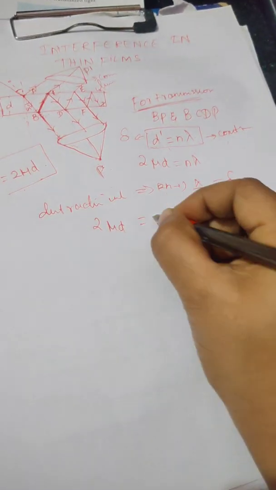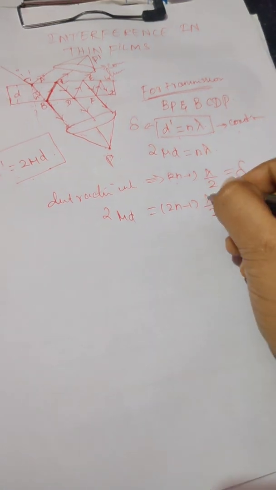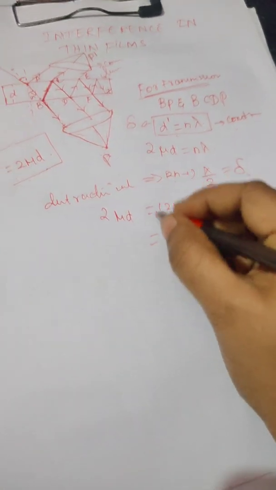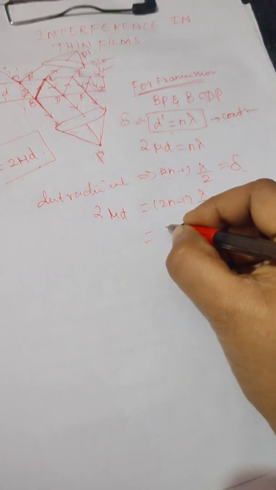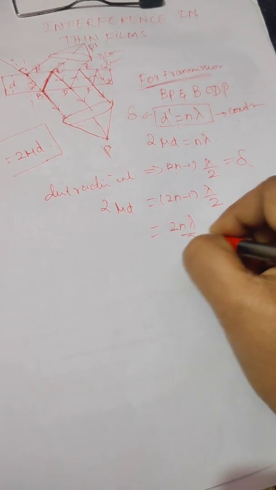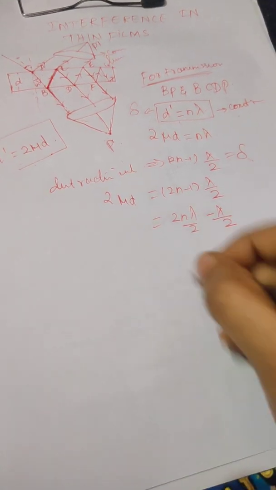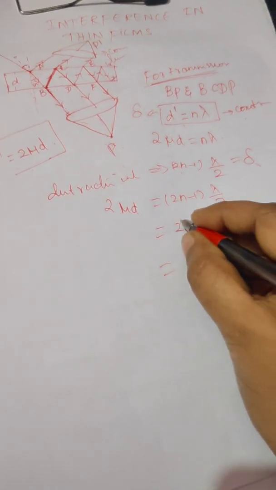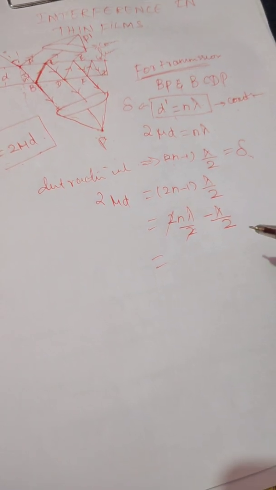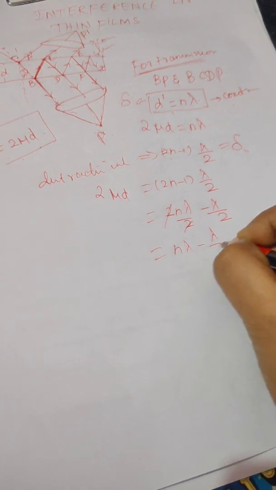So destructive interference means, again the same thing, because the path difference is 2 mu d, equal to 2n minus 1 lambda by 2. Multiply this lambda with the inside bracket term, so I get 2n lambda by 2 minus lambda by 2. Here this 2 and this 2 get cancelled, so remaining I have n lambda minus lambda by 2.